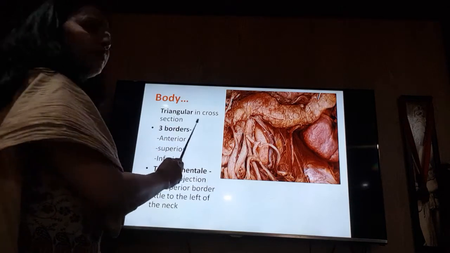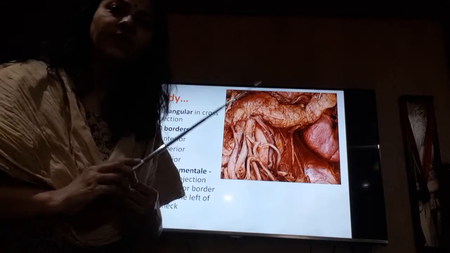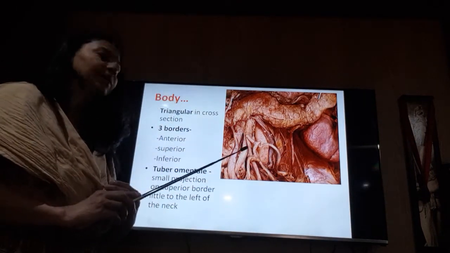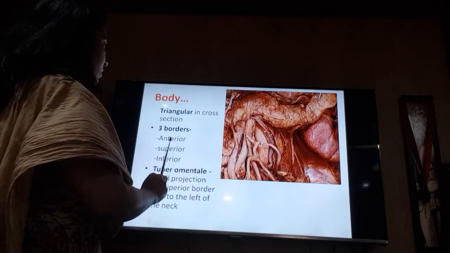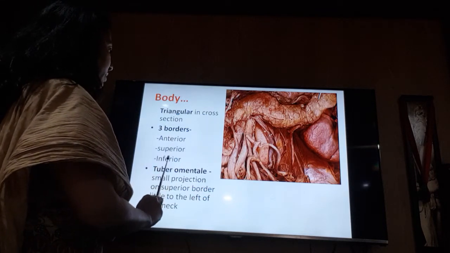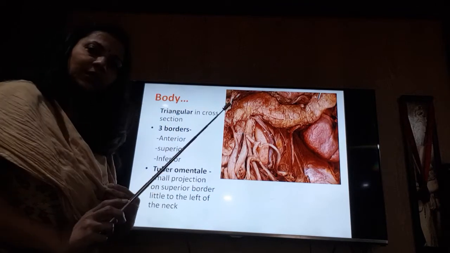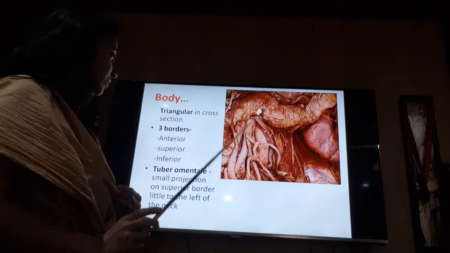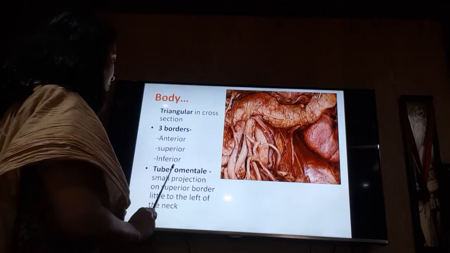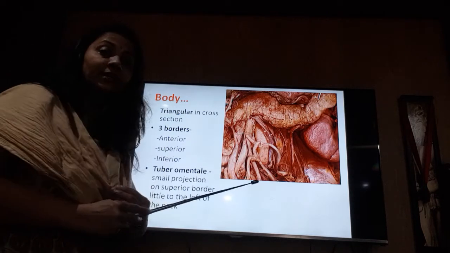Body is triangular in cross section. If we take a cross section of the body, it is triangular. So it has got three borders: anterior, superior, inferior. Okay, three borders. And what is important is it has got tuber omental, which I said in the beginning.